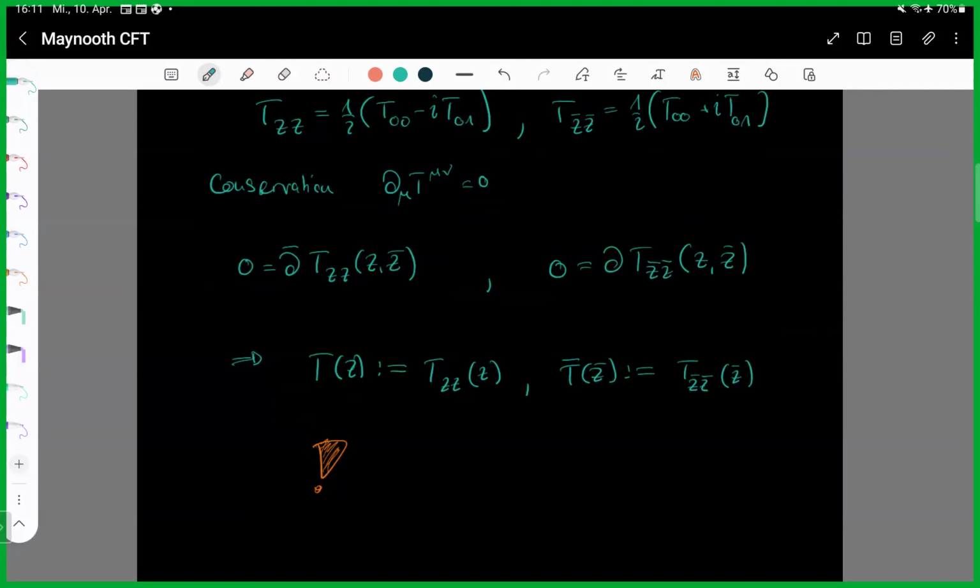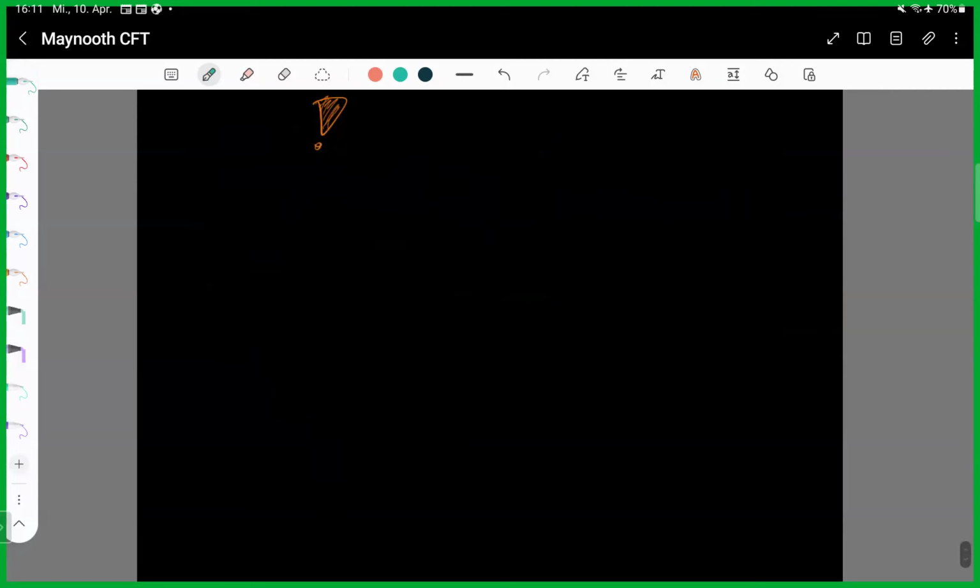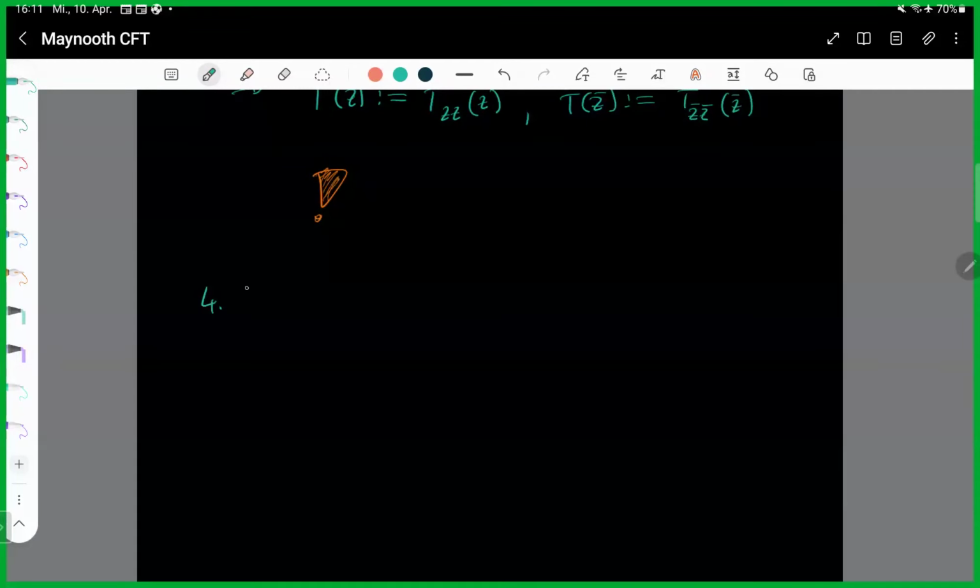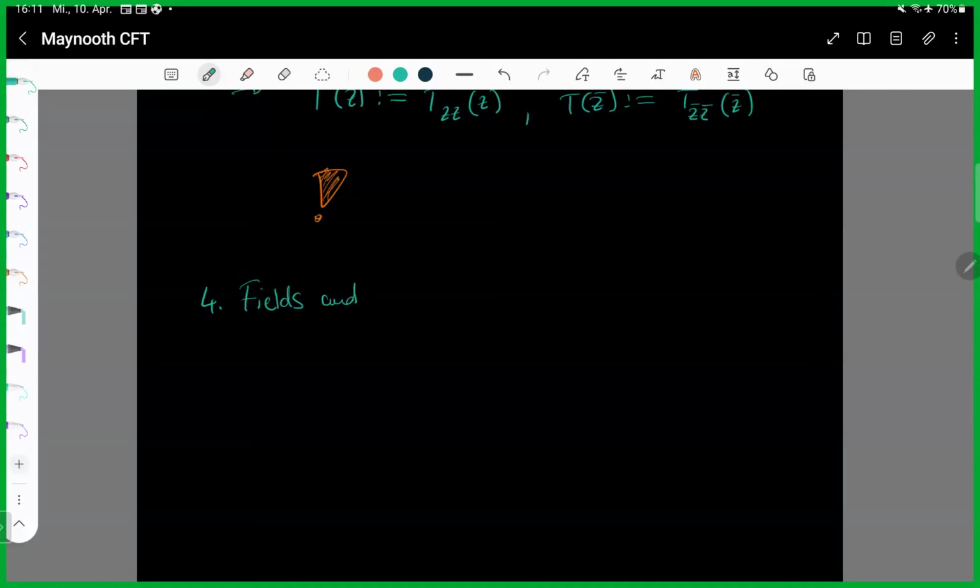Okay, in that case, now I'm going to talk about fields and states in a CFT. When we talk about states, evidently we're already talking about a quantum CFT.